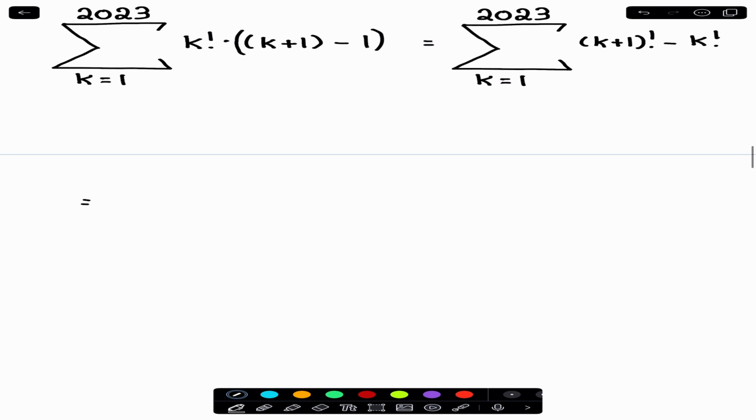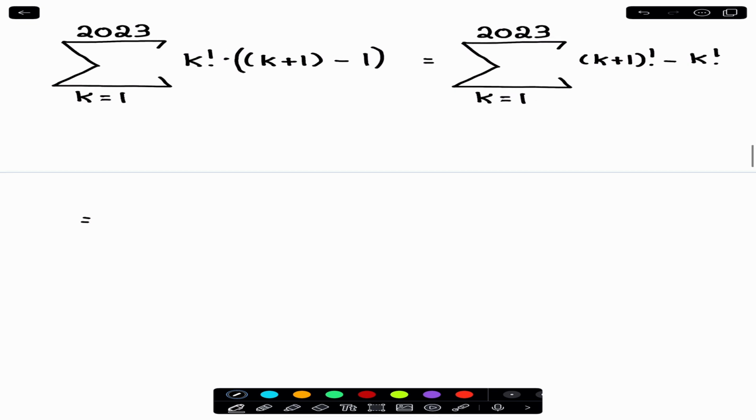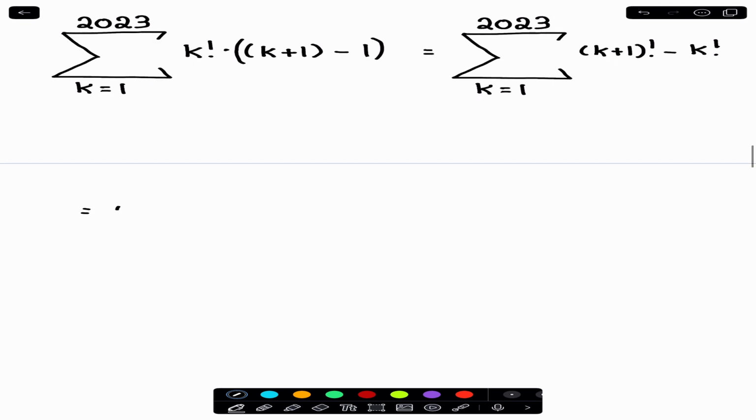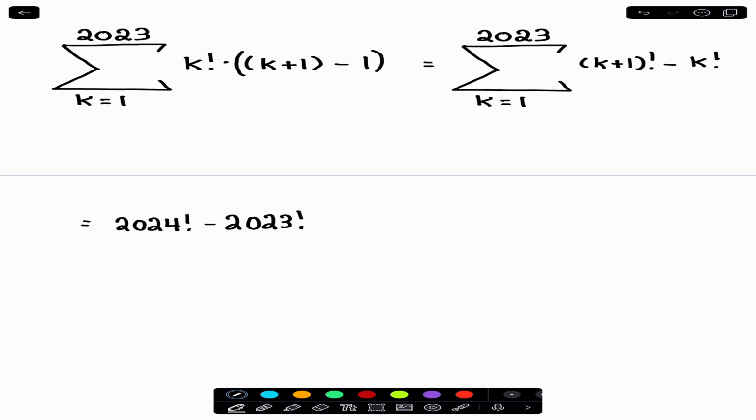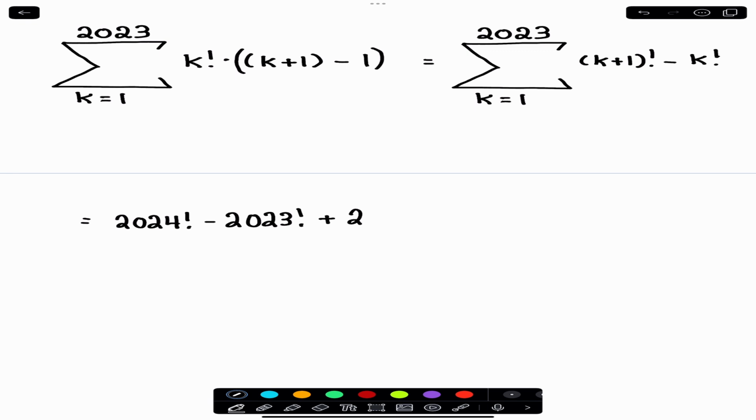So if we start with 2023, our first term would be 2023 plus 1 factorial minus 2023 factorial, so that's 2024 factorial, take away 2023 factorial. The term just before 2023 was 2022. And when you pop in k equals 2022, you're going to get this.